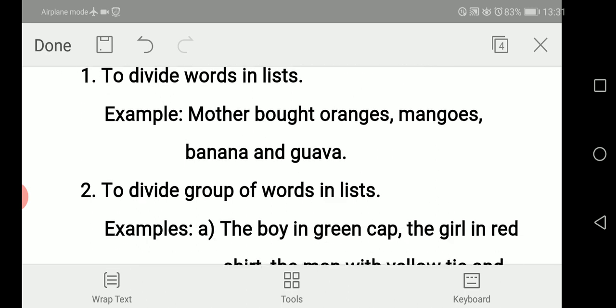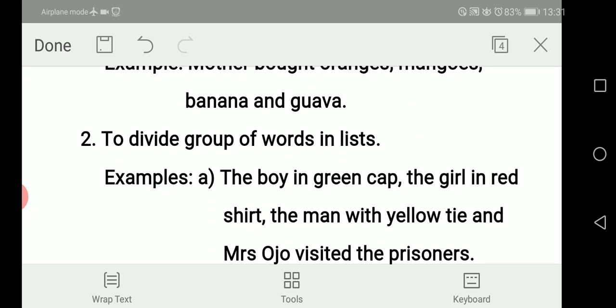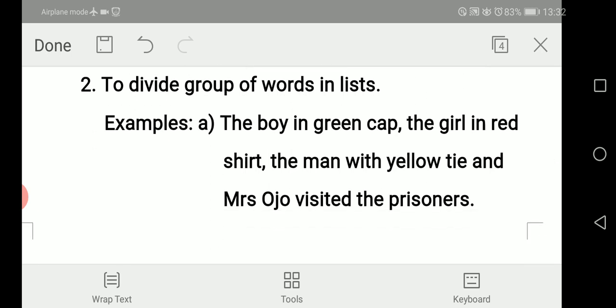That we also use the comma to divide groups of words in lists. The boy in green cap, the girl in red shirt, the man with yellow tie, and Mrs. Ojo visited the prisoners. These phrases are divided by comma in a sentence.